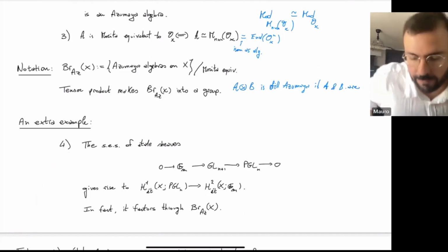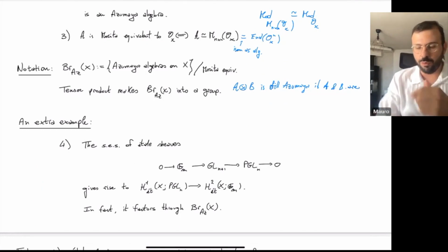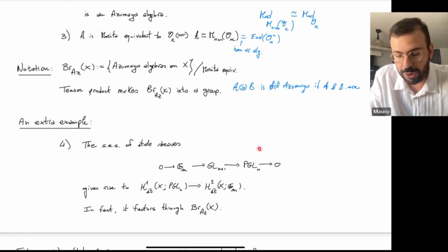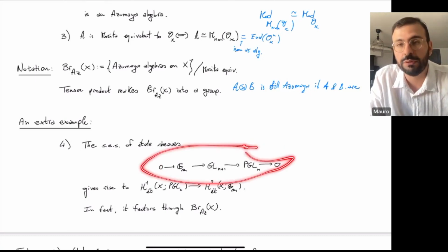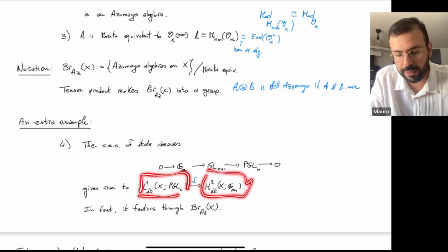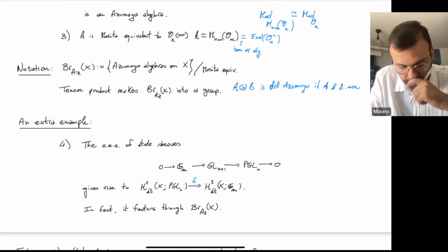By definition of the projective general linear group, we have this short exact sequence of étale sheaves over any scheme. Then we can pass to the long exact sequence of cohomology, and we get a boundary map that goes from H^1(PGL_n) to H^2_et(G_m).